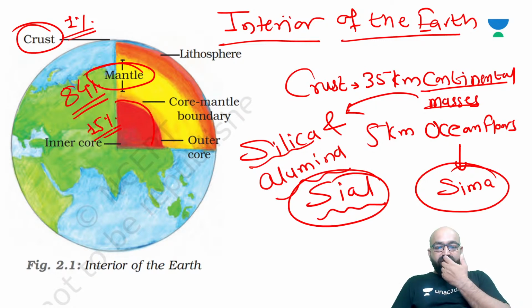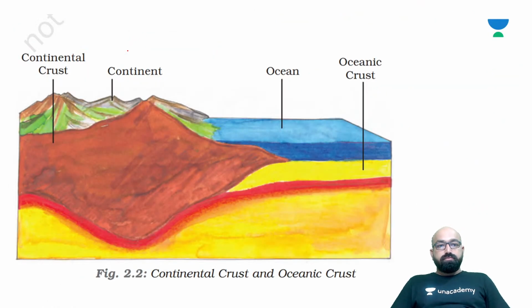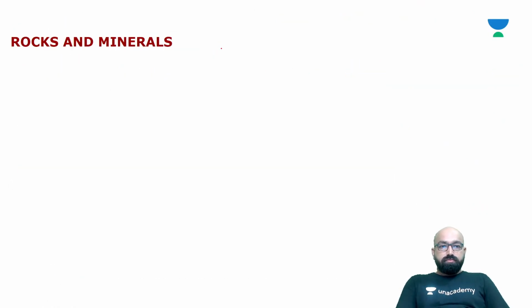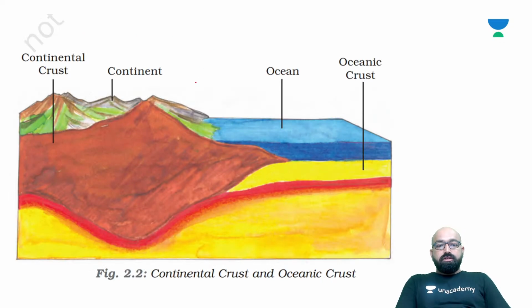The radius of the earth is 6,371 kilometers. After that we will discuss rocks and minerals.